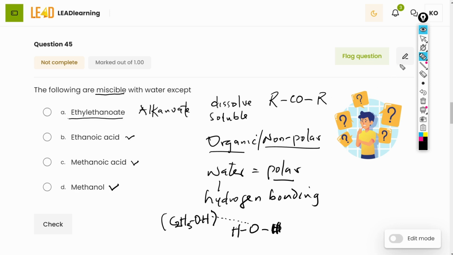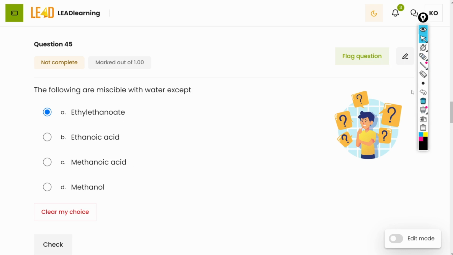This knowledge is gotten from organic chemistry, the solubility of organic compounds in water. You can as well get this knowledge from chemical bonding, talking about the properties of ionic and covalent compounds. So our correct answer is A. Only ethyl ethanoate will not dissolve in water because it cannot form hydrogen bond with water.